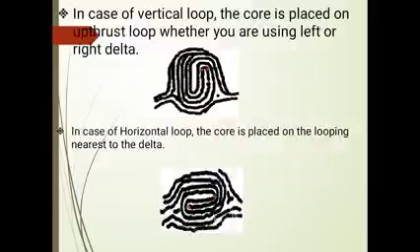In case of a vertical loop, the core is placed on the thrust loop, whether you are using the left or right delta. However, in case of a horizontal loop, the core is placed on the looping nearest to the delta.